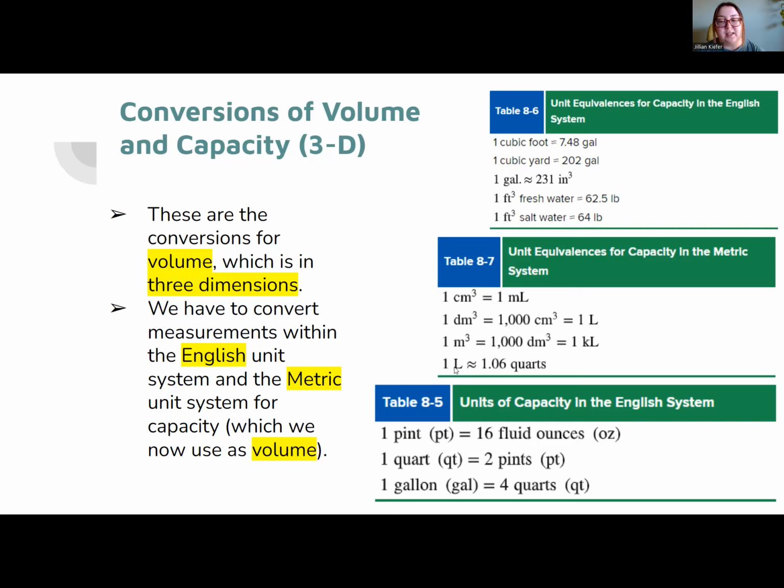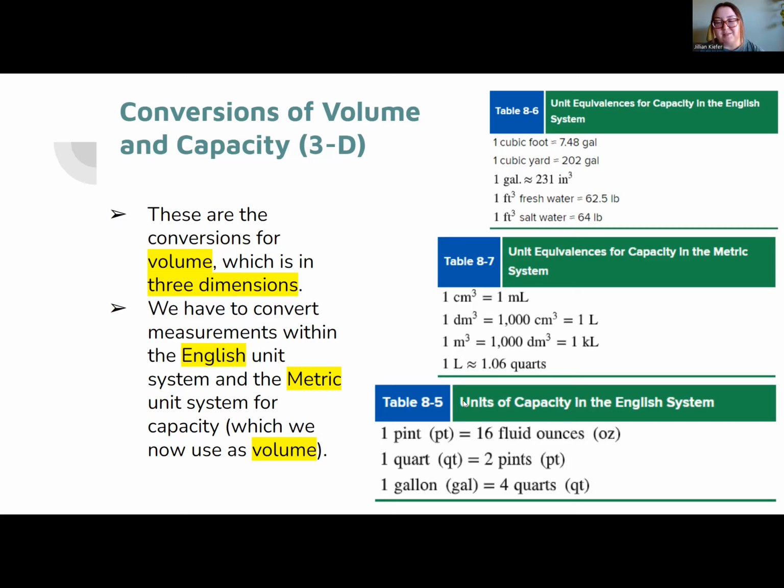Then we say that 1 liter is about 1.06 quarts. The metric system is very clear. It works on the basis of powers of 10, so tens, hundreds, thousands. So everything is very nice, whereas in the English system, it's not. So definitely very specific conversions for the English system.